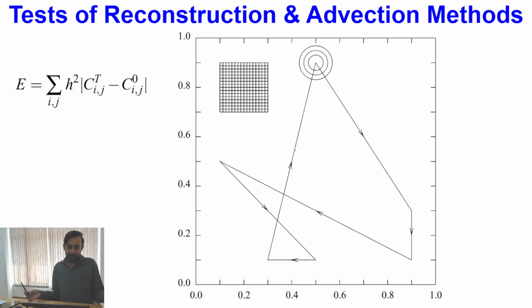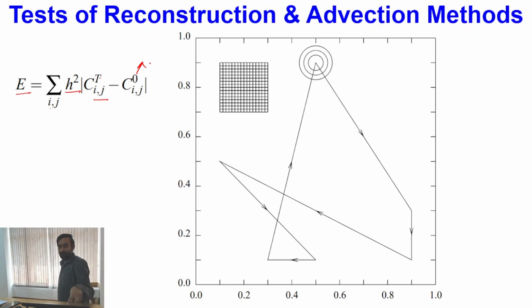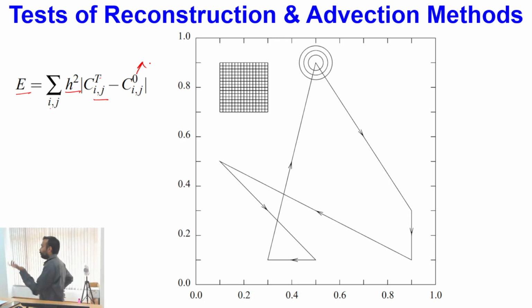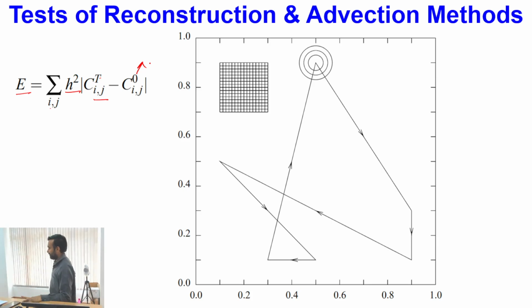The error is the summation over i, j of h squared times the absolute value of c_ij(t) minus c_ij(0), where c_ij(0) is the initial volume fraction and c_ij(t) is the volume fraction at time t. To reach time t, we need to perform multiple interface reconstructions and interface advections.